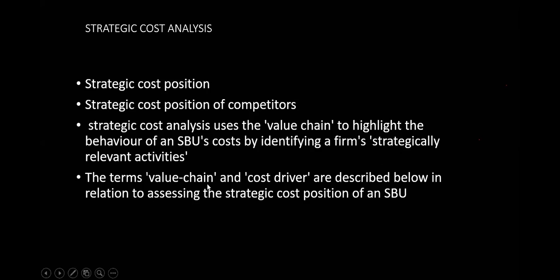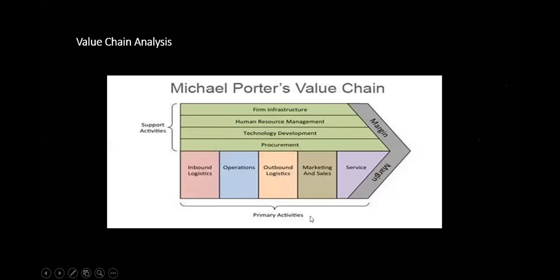The terms value chain and cost driver are described below in relation to assessing the strategic cost position of an SBU. This is the value chain. Of course, you can remember Michael Porter's diagram. There are 9 activities: 5 primary activities and 4 supporting activities.